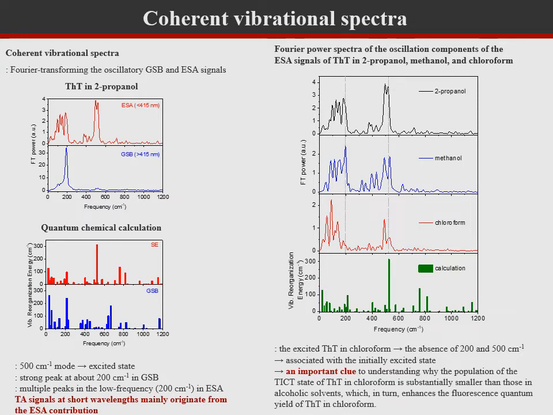These results suggest that these two modes, whose vibronic coupling strengths are substantially small for ThT in chloroform, could be related to the internal rotation, the twisting motion, with respect to the central carbon-carbon bond. The transition from the initially excited state to the TICT state is driven by the solvation of the product TICT state by polar solvent molecules surrounding each photoexcited ThT molecule.